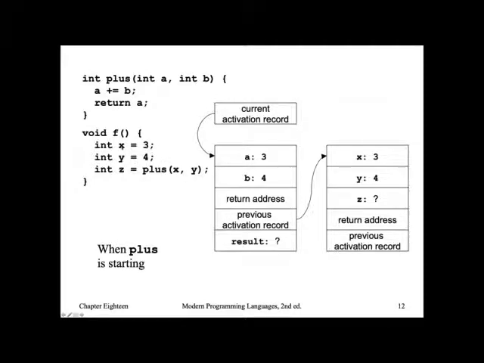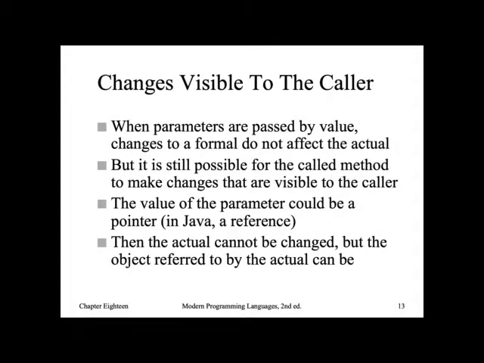All I'm doing is making a copy of x, dropping it in, binding that to a, and putting it over here. And after that, these are disconnected. There's no relationship between this 3 as a and that 3 as x, other than the fact that a was initialized by copying the value of x, and b was initialized by copying the value of y. But if I do anything to a or b, nothing changes to x or y outside, right? That's what that's trying to say.